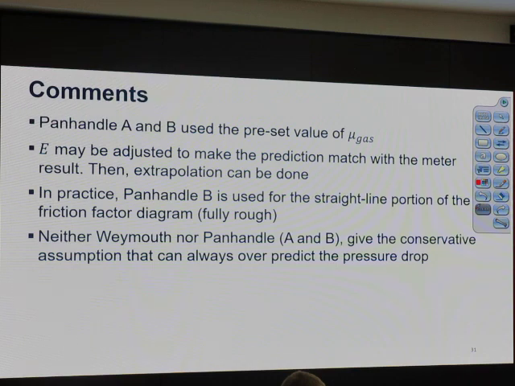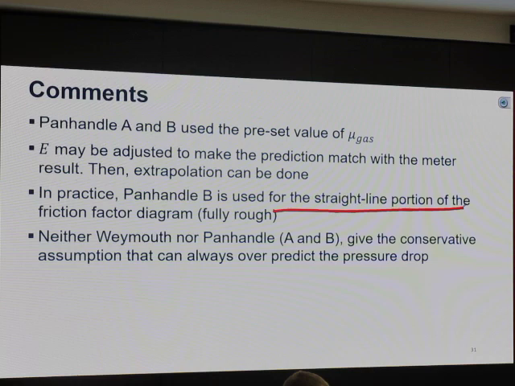It's set to a certain value that they think is good enough for that pressure and temperature. E may be adjusted to make the prediction match with the meter result. But in this case, we don't adjust it in practice. Parameter B is used for the straight line portion of the pipe. This is fully rough.